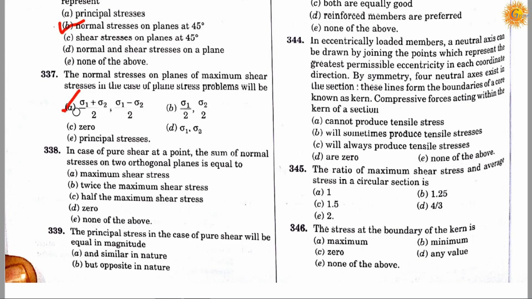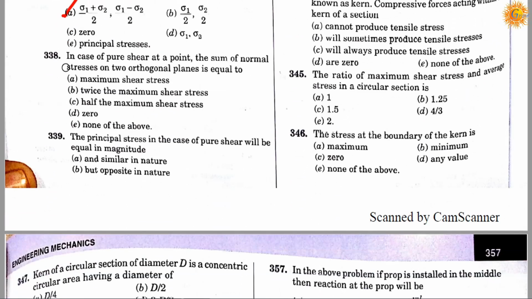The correct answer is A. It will be sigma 1 plus sigma 2 divided by 2 and sigma 1 minus sigma 2 divided by 2.